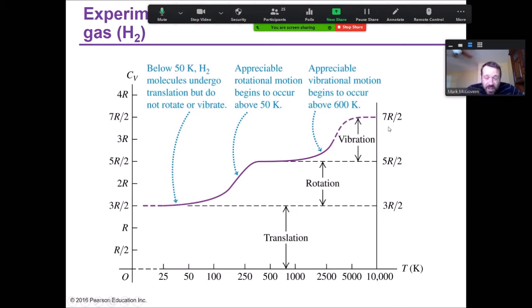In this class, though, almost always, it's 3/2 R or 5/2 R. You just got to take note of whether it's monatomic or diatomic. There may be some problems where we have to actually find the degrees of freedom, and then anything's fair game there. But if that's not the focus of the solution, then you got to be mindful of whether you have diatomic, monatomic, things like that. Okay.